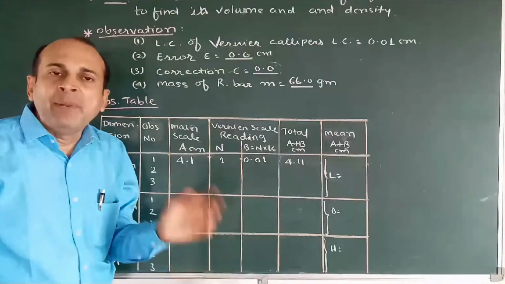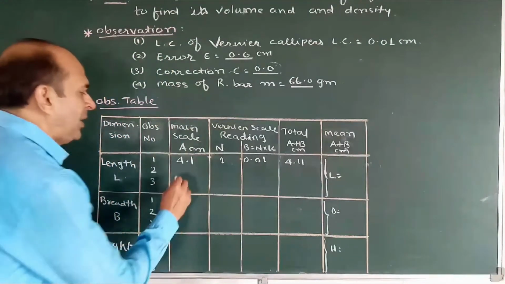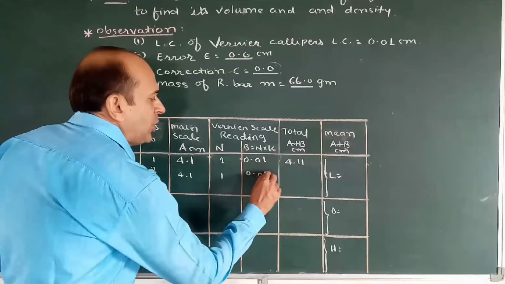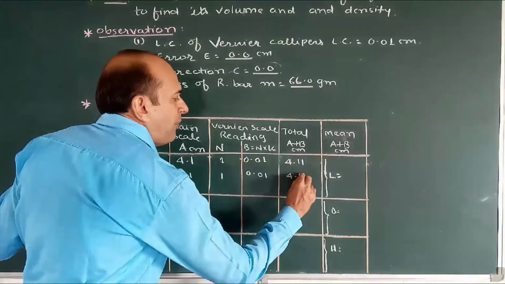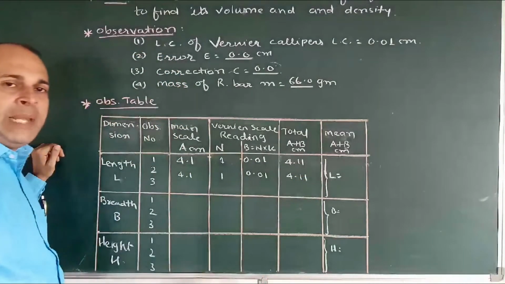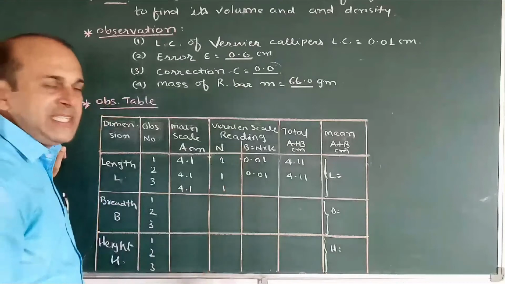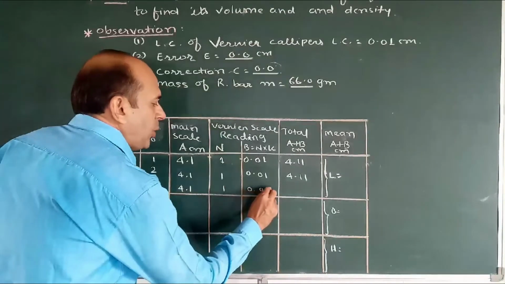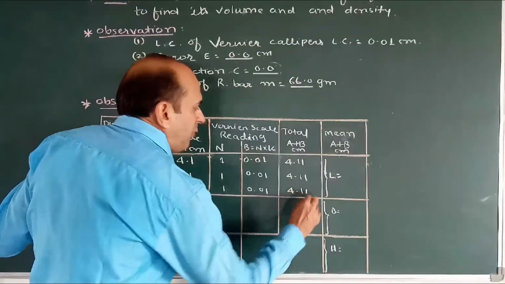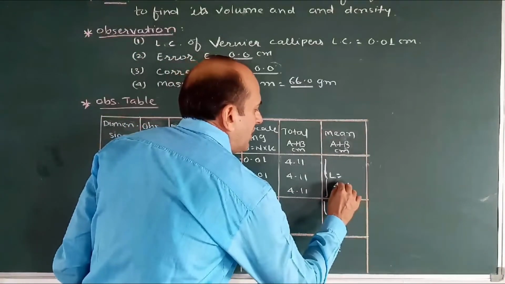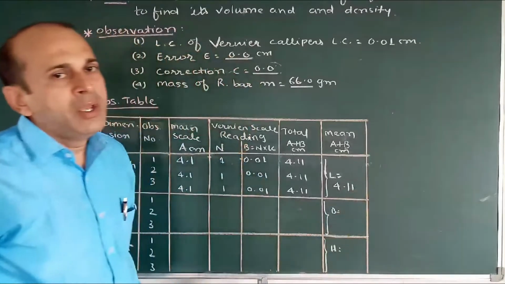The second and third readings were the same: 4.1, matching division 1, value 0.01, total 4.11. The average value is 4.11 centimeter, which is the length of the cuboid.